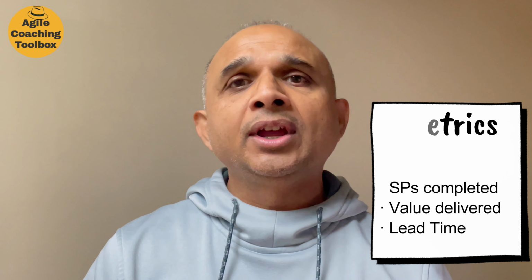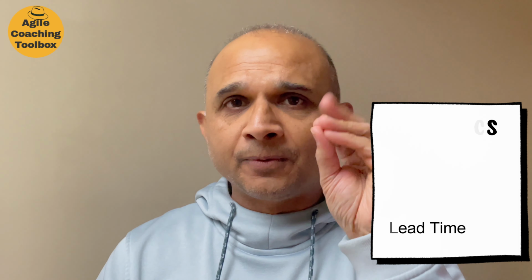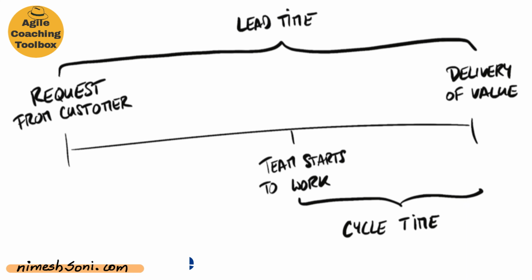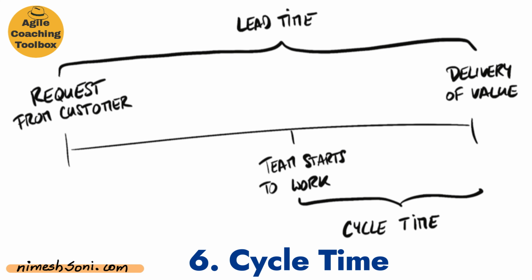Let's continue and dive into the remaining 5 metrics. At number 6, I have cycle time. Cycle time is the elapsed time between when a user story is picked up by the team and when it is completed.